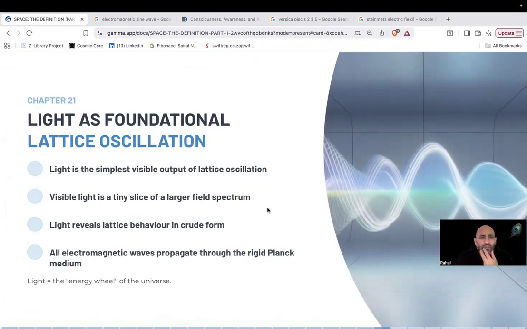Light as foundational lattice oscillation, depending how we define what light is. I like the Jesus version of light, when he says, I am the light.